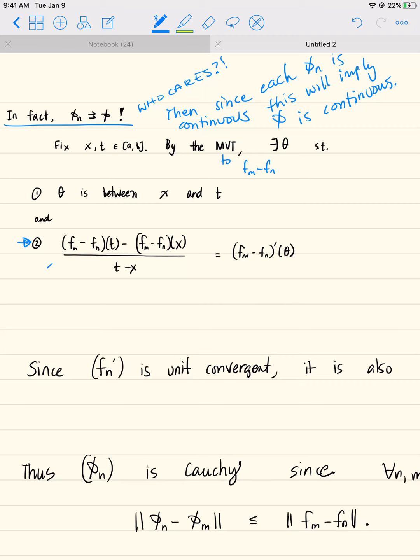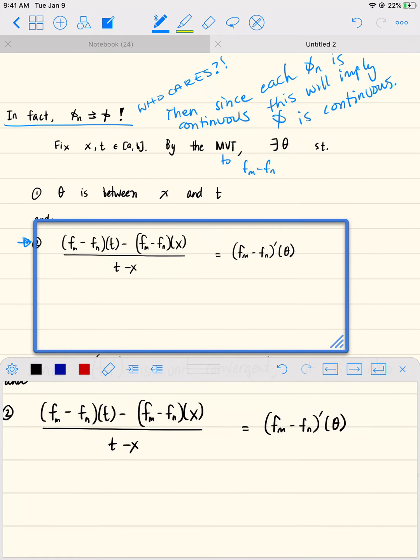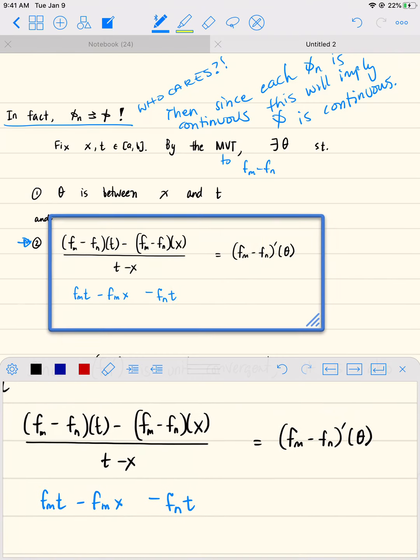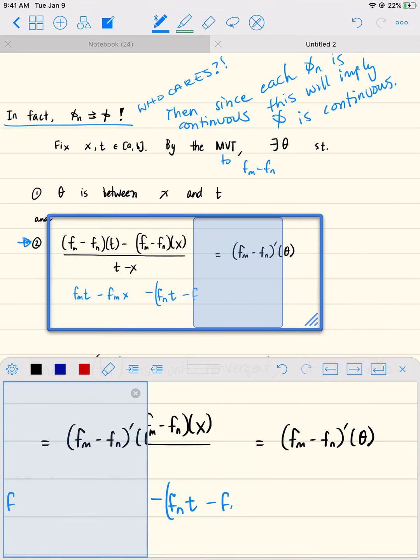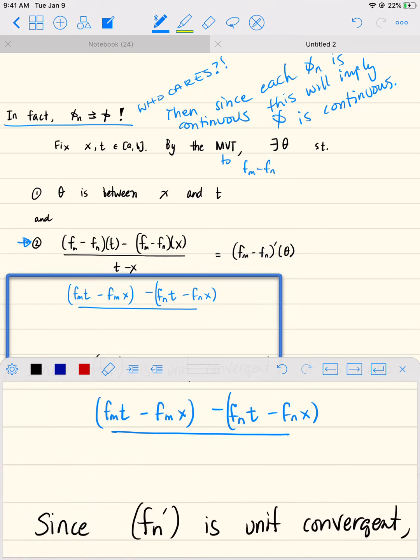Now notice that this left-hand side is actually equal to phi sub m of t minus phi sub m of x, okay, and then minus fn of t, and then minus fn of x, is what we're working with, and all this is over t minus x.